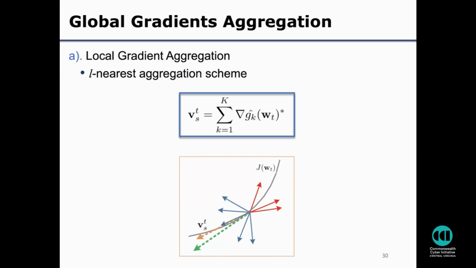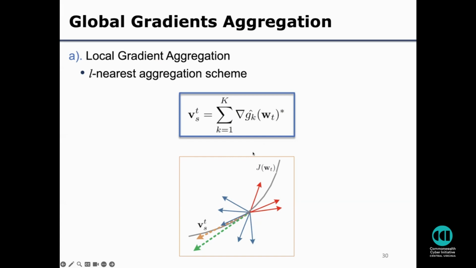So we design an efficient scheme, which we call the L nearest aggregation scheme, to address this issue. We first add K normalized local gradients together to find the global gradient direction.